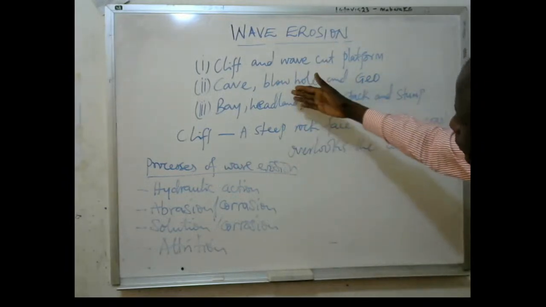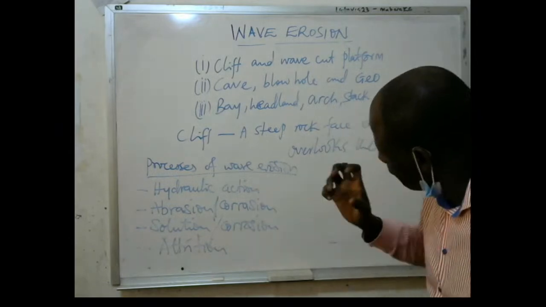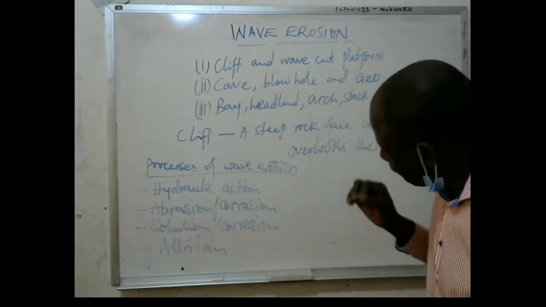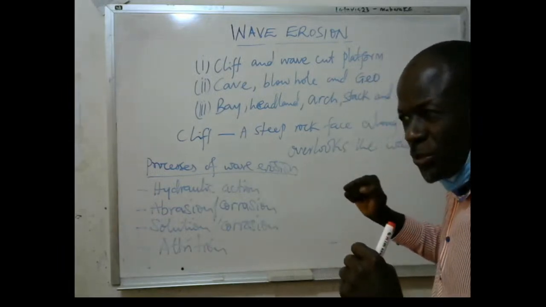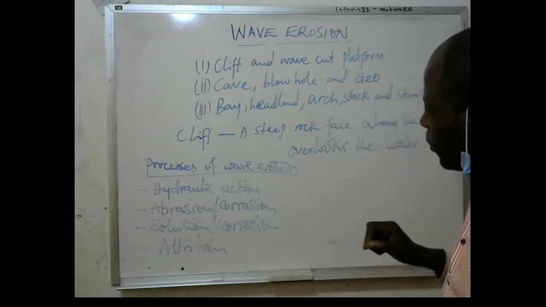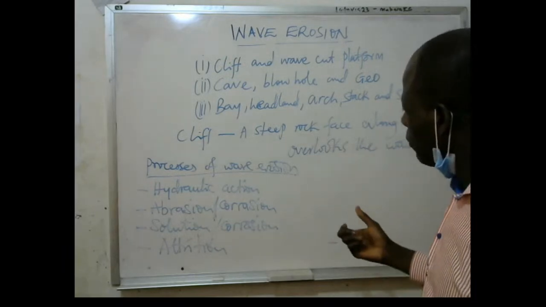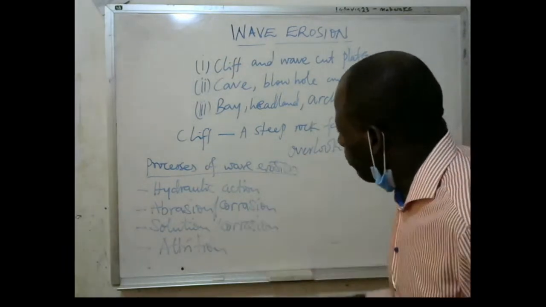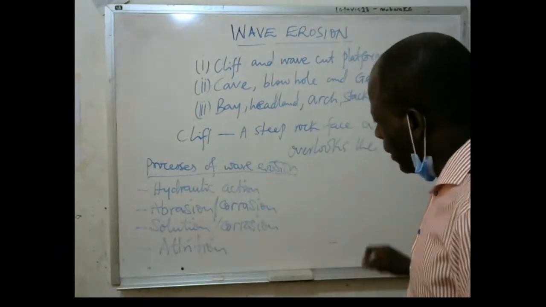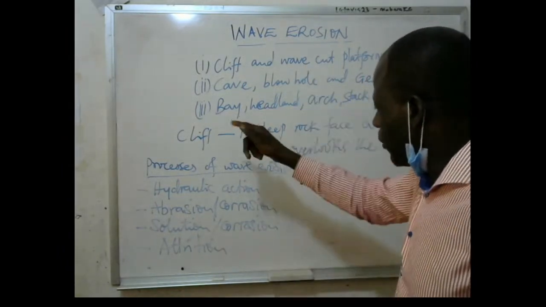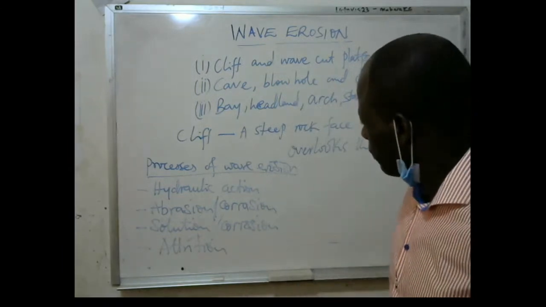These are the processes that I wanted us to first look at before we explain these landforms. There's hydraulic action, the force of that water, which also compresses air within rock cracks, causing expansion and widening of rock joints, which leads to breakdown of rocks that will eventually be carried away. Abrasion: the particles the waves are carrying hit the coast and break other loose particles from it.